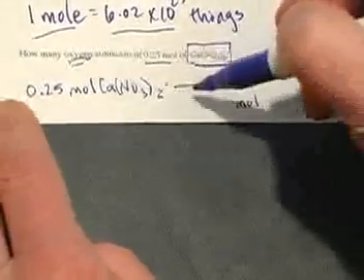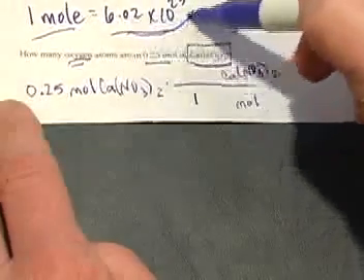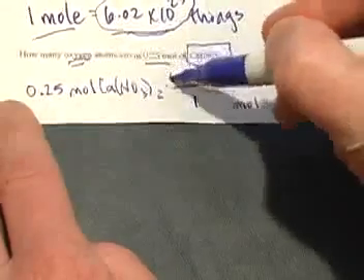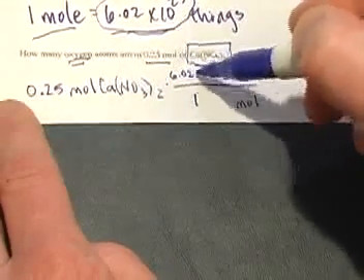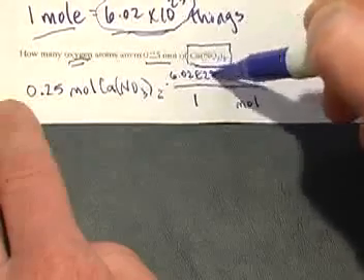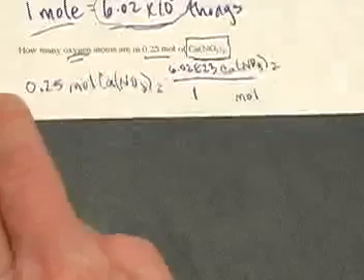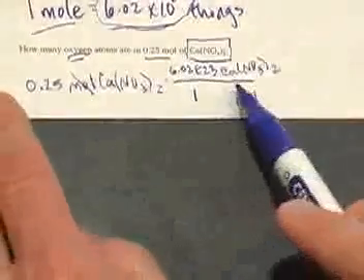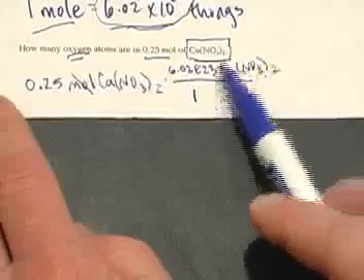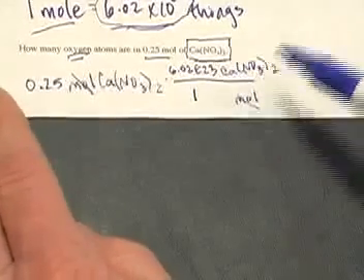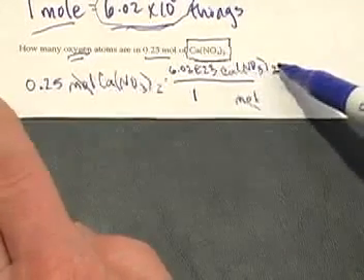And it turns out that in 1 mole, this many, 6.02 times 10 to the 23rd formula units of CaNO3 exist. Notice I have my mole now canceling with the mole, and I'm going to be able to find out how many formula units of CaNO3 I have. The question doesn't ask for how many CaNO3 there are, though.